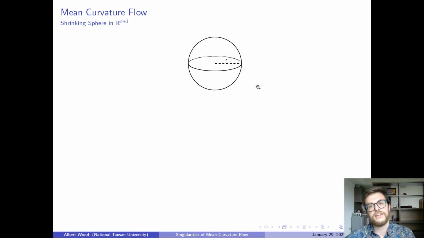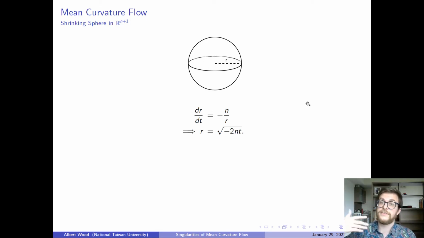And the reason this is convenient is that then the mean curvature flow equation becomes a scalar equation in the radius, because since the mean curvature vector is always normal to the submanifold, we can dot the mean curvature flow equation with a choice of normal vector to get a scalar equation.